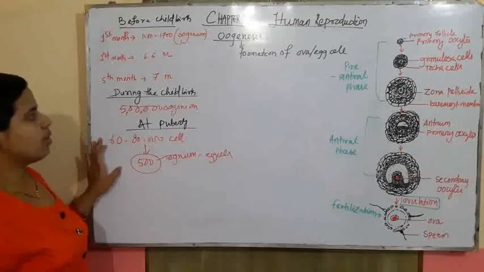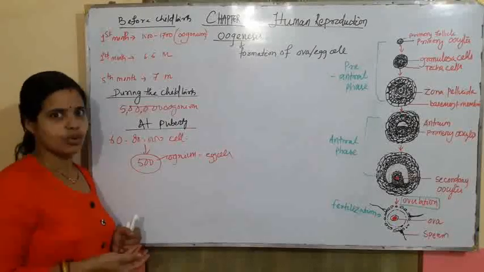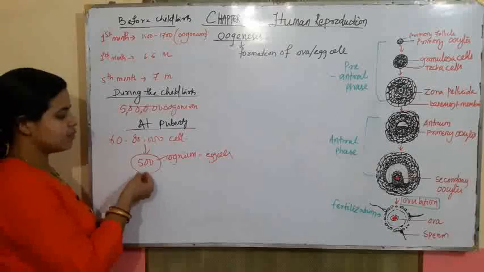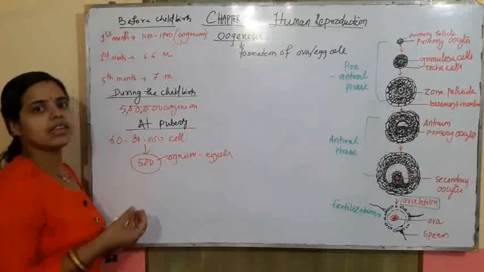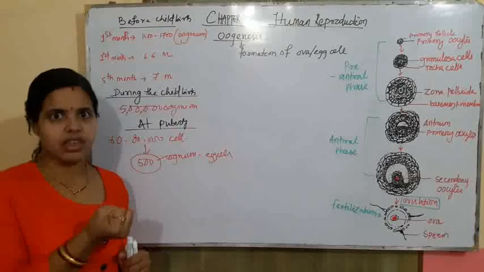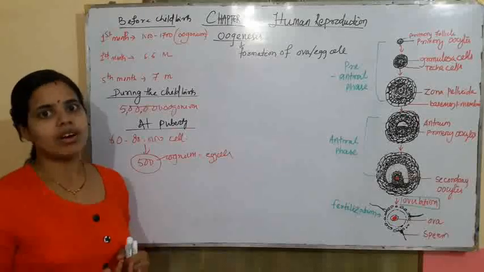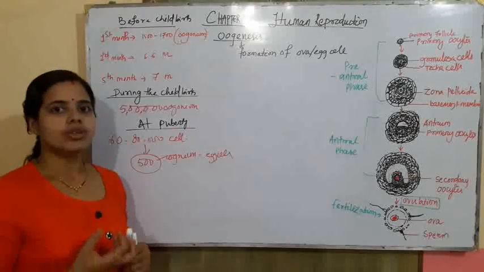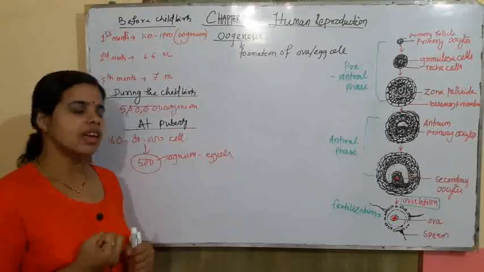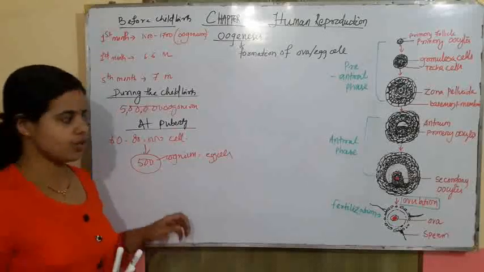Why does this decrease take place among oogonium cells? This is because the oocytes which are to be formed have a follicle stage, and in certain follicular stages the follicle shrinks, a process called atresia. When the follicle shrinks, the oogonium may slowly be destroyed.